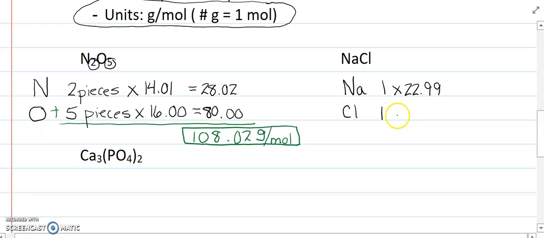And I can take that one piece of chlorine times its mass of 35.45. And really, in my calculator, this doesn't have to be a separate problem. I can just take 1 times 22.99 and 1 times 35.45. And my mass of sodium chloride is going to come out to be 58.44. And again, its units are going to be grams per mole.